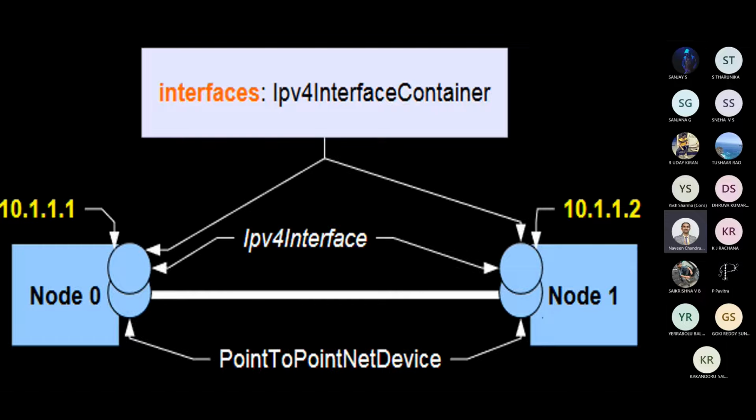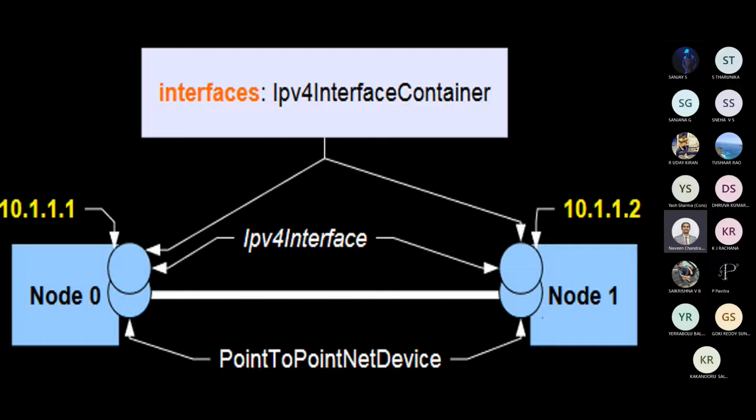Now, when we say that we are going to use this IPv4 interface container, you need to provide the IPs to node 0 and node 1. IP is one of the addressing mechanisms.